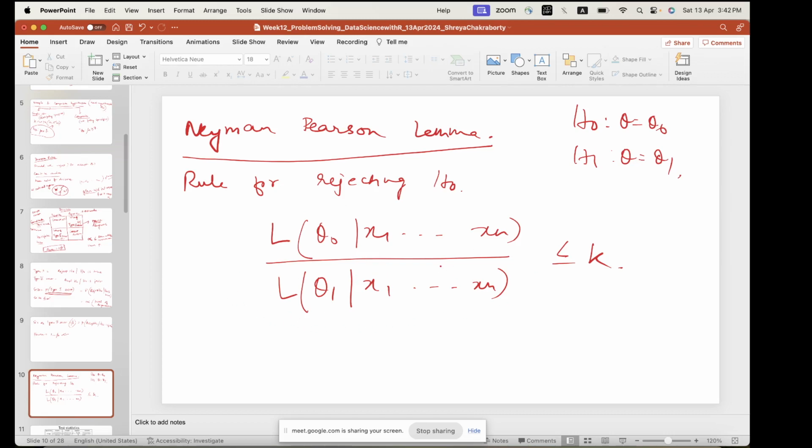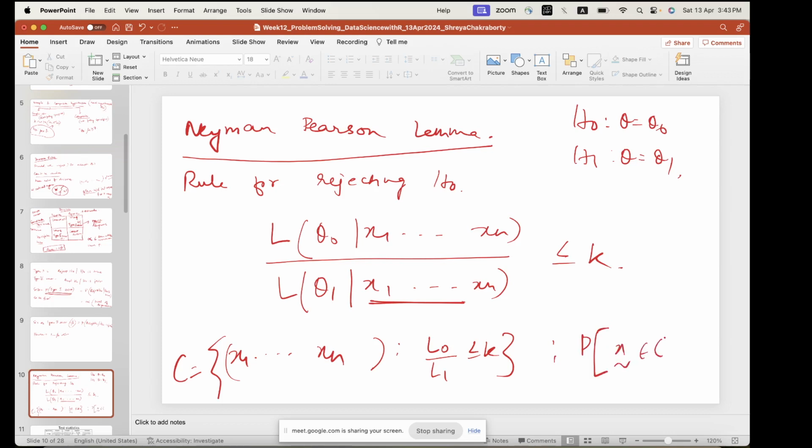Okay, and wherever this holds, let us assume that the space where this holds true, where this L0 by L1 is less than or equal to k, this set C, we can say that the probability that x belongs to this C is equal to alpha.